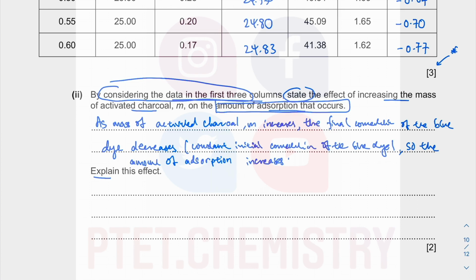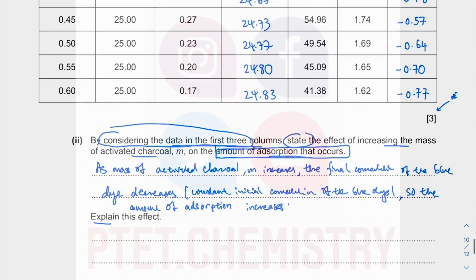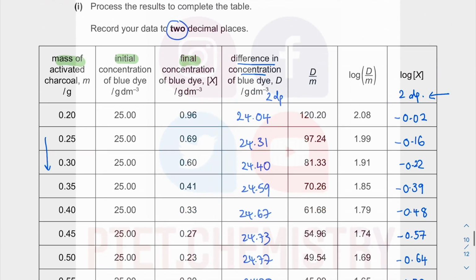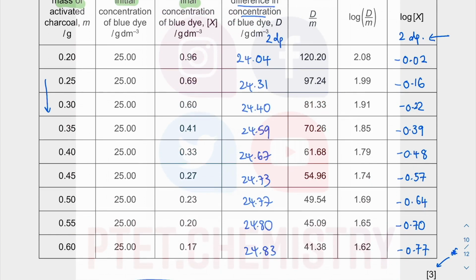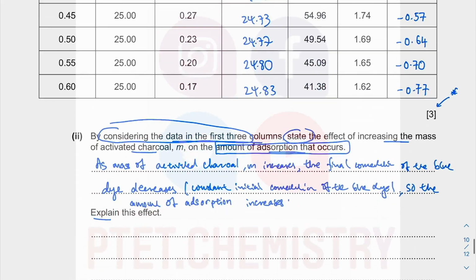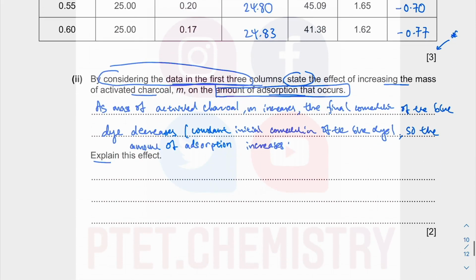Okay, so why is that? We're talking about bonding of the blue dye onto the surface, right? If we have more charcoal, if greater mass, then we would have more of the solid surface on which the blue dye can adsorb or bond onto. So obviously the amount of adsorption would increase. I hope that makes sense.